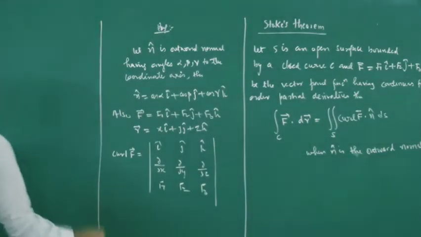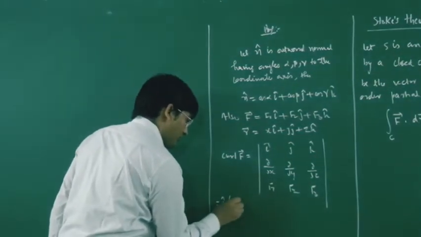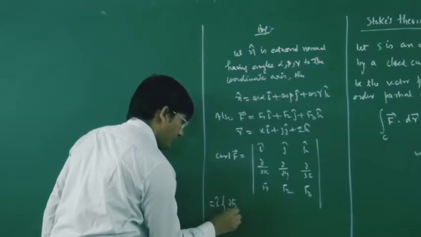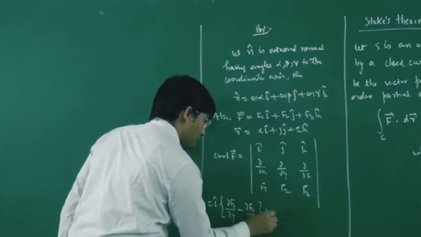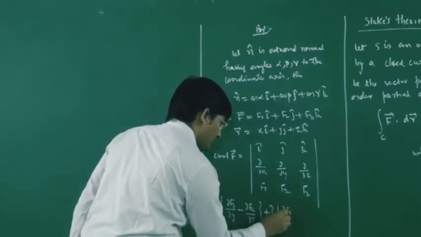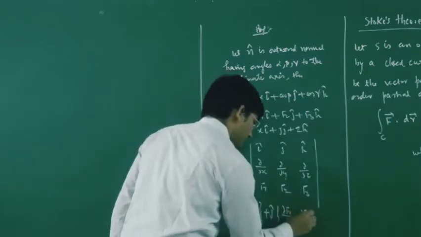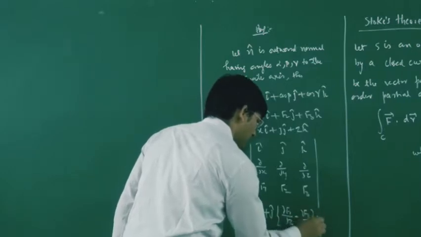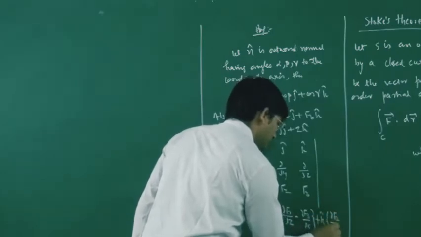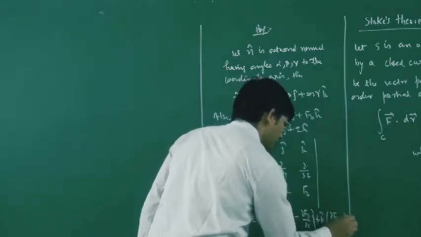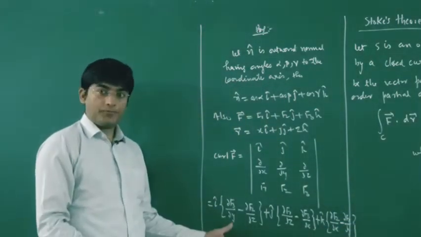So it is equal to i times (del f3 upon del y minus del f2 upon del z), plus j (del f1 upon del z minus del f3 upon del x), plus k (del f2 upon del x minus del f1 upon del y). Okay, so this is the curl of F.